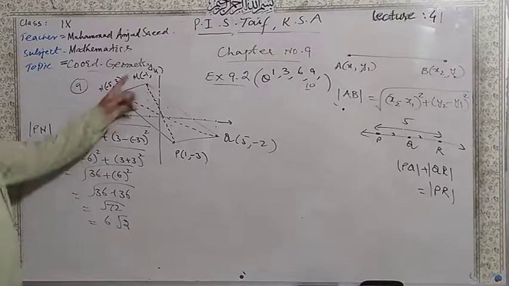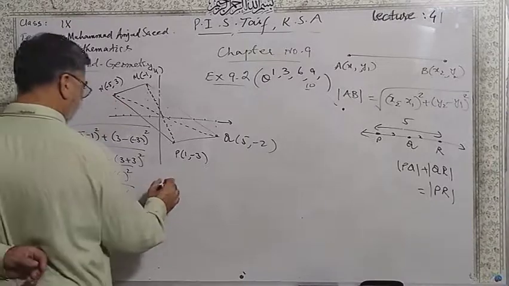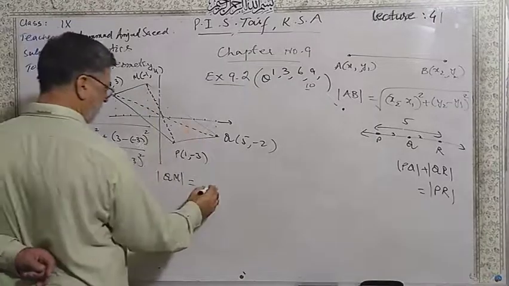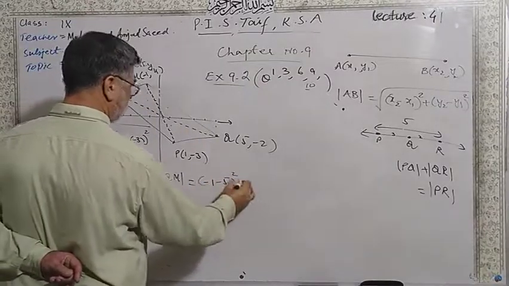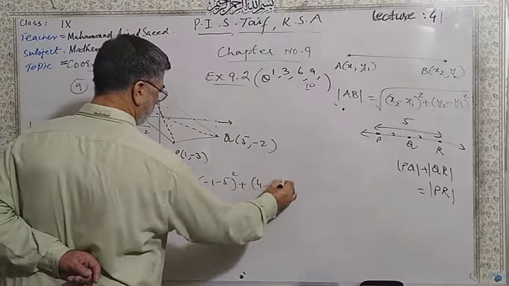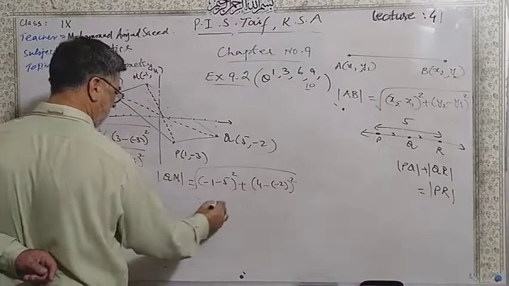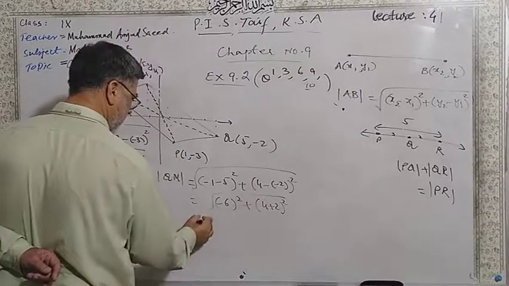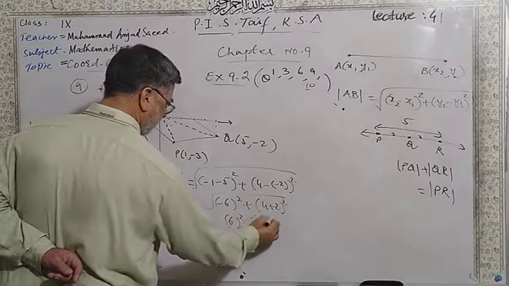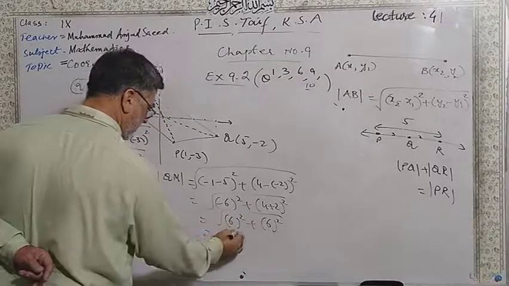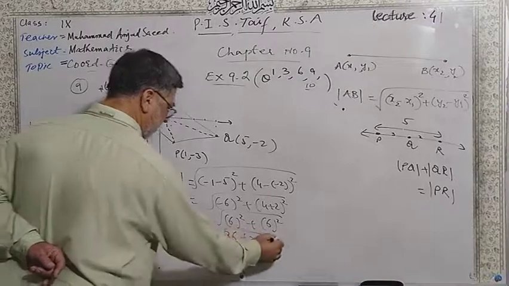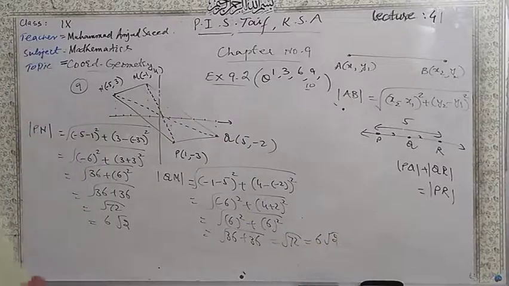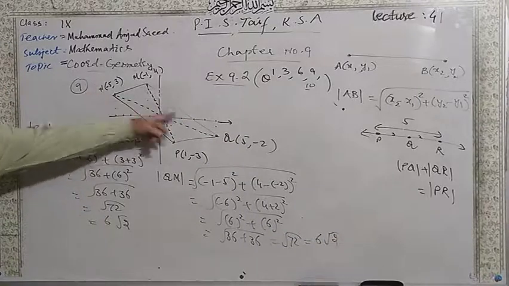After that, MQ: (first minus first) whole square plus (second minus second) whole square under root: (-6) square and (4 plus 2) square, 36 plus 36, that is 72 under root, 6 into 2 under root. You can check that NP is equal to MQ.